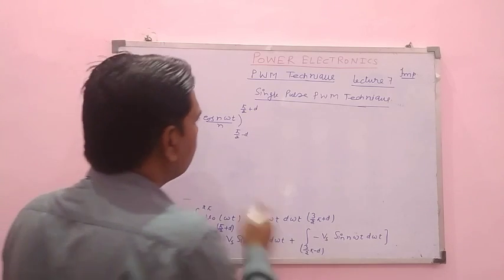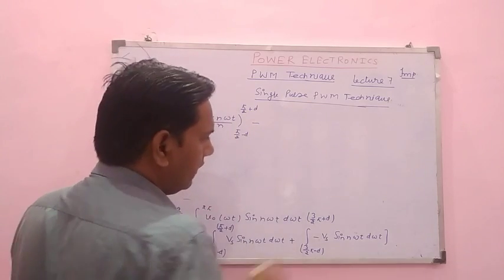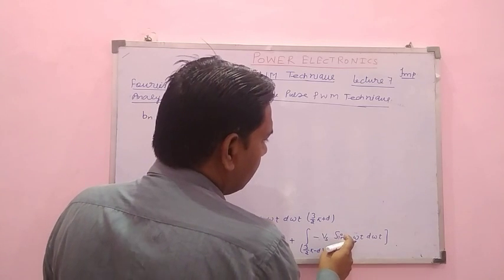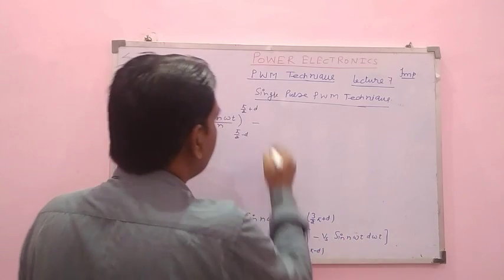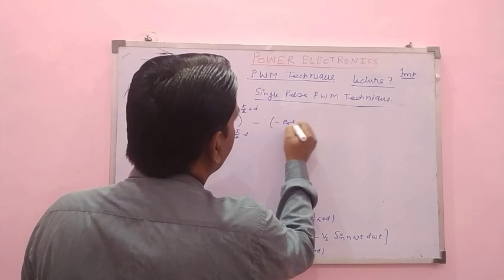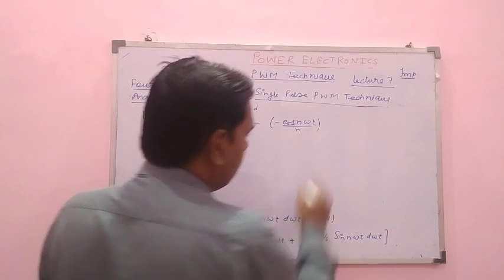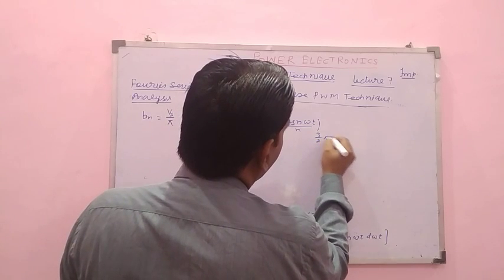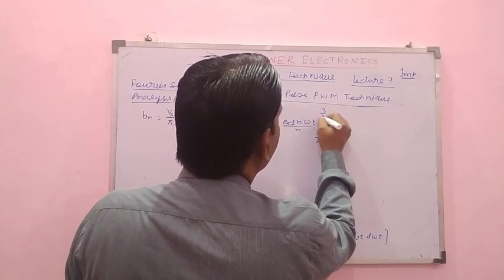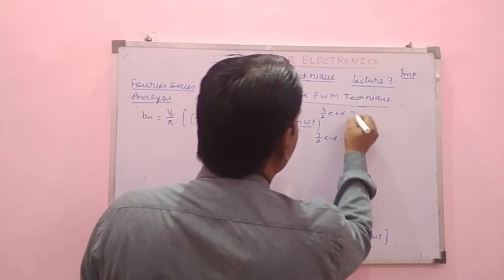Second, we will take this minus outside the bracket, it will remain sine n omega t d omega t, so it will be minus cos n omega t divided by n, and the lower limit is 3 upon 2 pi minus d to 3 upon 2 pi plus d.